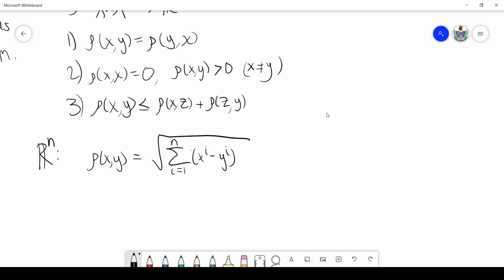Also a notational note here. You may be appalled by the fact that I'm putting indices as superscripts. These are not exponents. So x and y here are elements of R^n, which is an n-dimensional space. Each of these elements x and y has n components, so we're denoting the components like this. From a previous math background, you may be inclined to put an index as a subscript because superscripts are reserved for exponents.